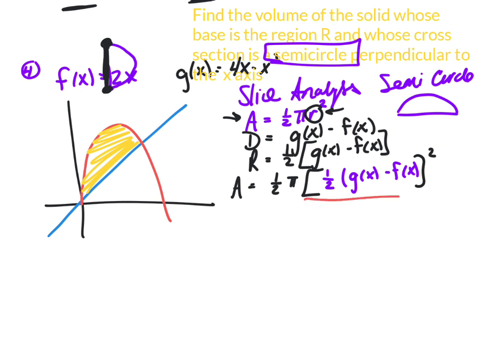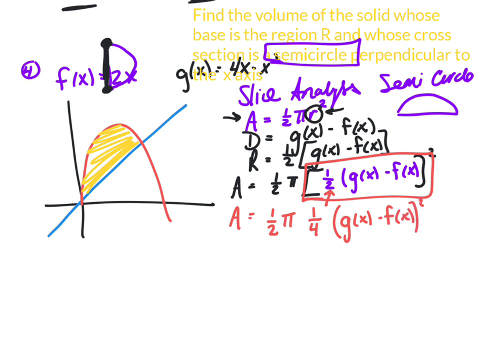Inside here, we need to square this amount. So let's start with the 1/2. If you square that, what does that become? I'm going to keep my 1/2 pi. If I square 1/2, I should get 1/4. And then I have this quantity, g of x minus f of x squared. So now when I multiply my coefficients out front, my area is actually 1/8 pi g of x minus f of x squared.